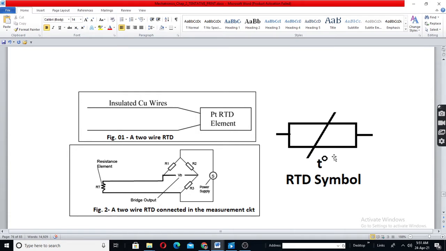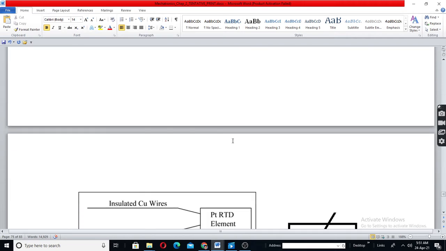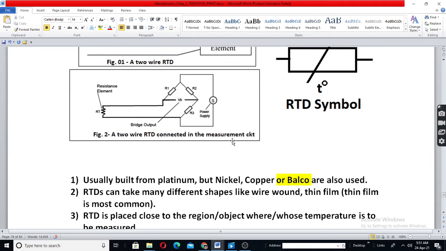For an LDR, it is with respect to light, and T degrees you will write here. Now see, certain materials, platinum, nickel, copper, these things are used here.